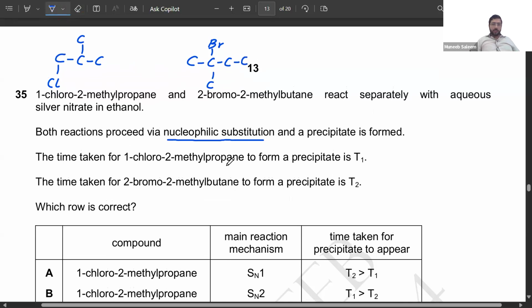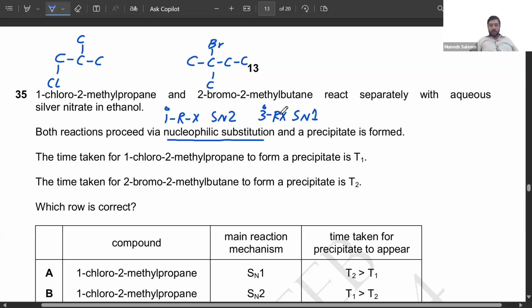We have SN1 and SN2. We remember that the primary haloalkanes basically give the SN2 reaction, whereas the tertiary haloalkanes provide the SN1 reaction.